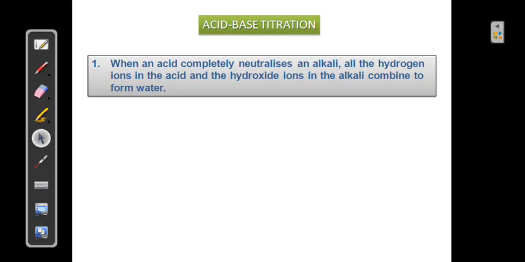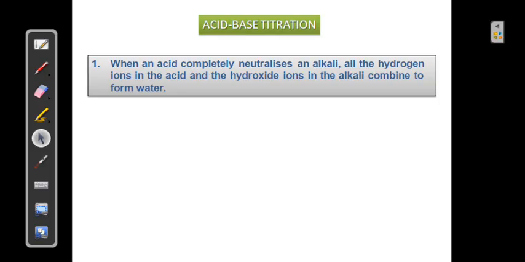So that is what neutralization is all about. Neutralization is complete when an acid completely neutralizes an alkali. All the hydrogen ions in the acid and the hydroxide ions in the alkali combine to form water.